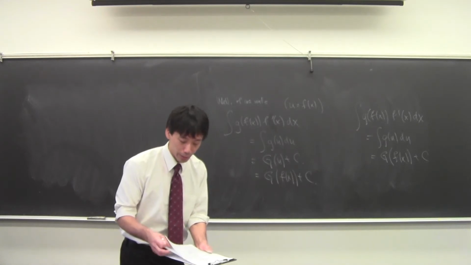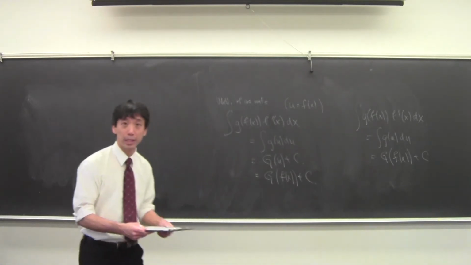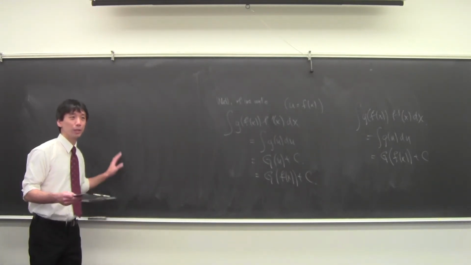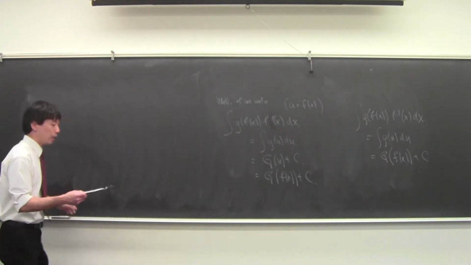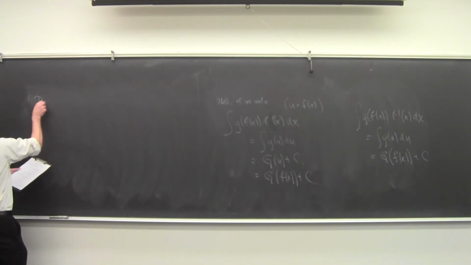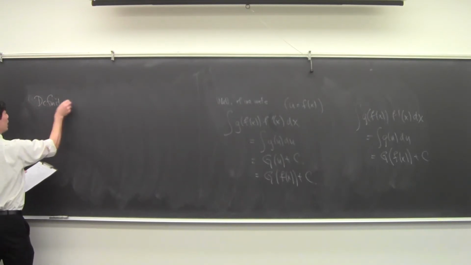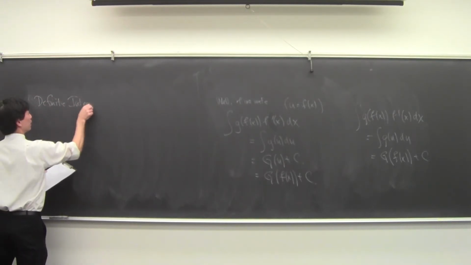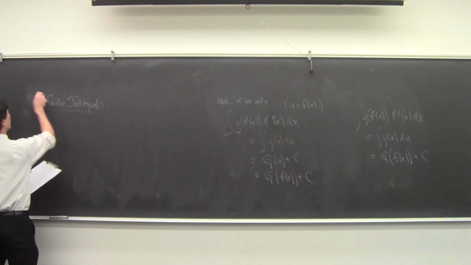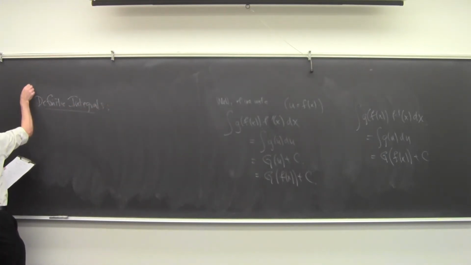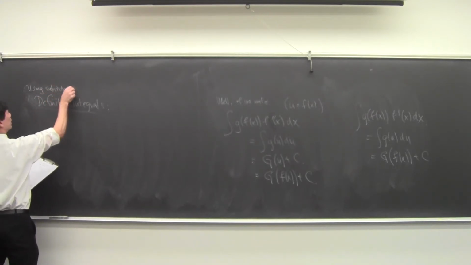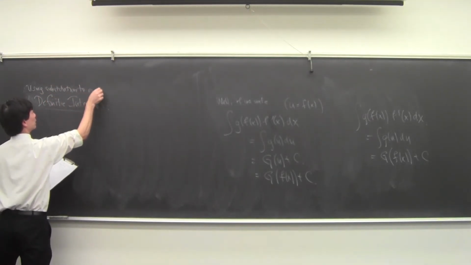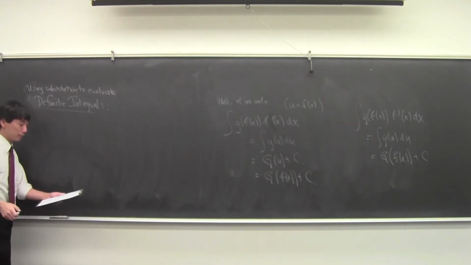So that's all I want to say about the indefinite integrals, right? So you can use the u-substitution to get antiderivatives, but you can also use it to evaluate definite integrals. So, evaluate using substitution to evaluate definite integrals.